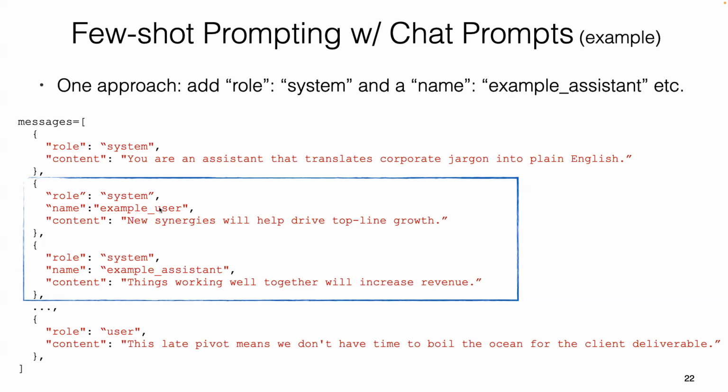Or you could just put each example as one item in the conversation, like the user saying, here's one example, here's two example, and so on. But basically you can imagine that there are ways to do few shot prompting, even if your model has been chat tuned.